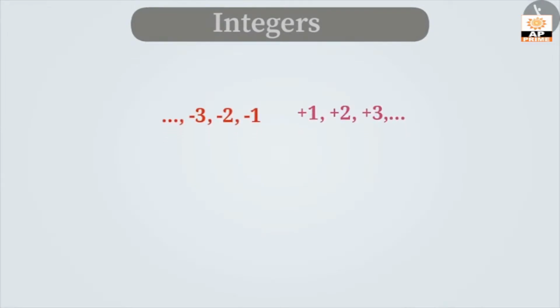A collection of positive numbers, negative numbers, and 0 together is known as integers. In this collection, just numbers like 1, 2, 3, etc., without any sign, are said to be positive integers.